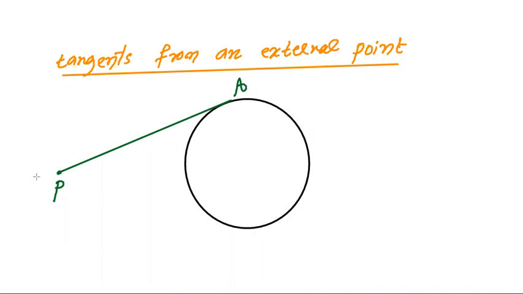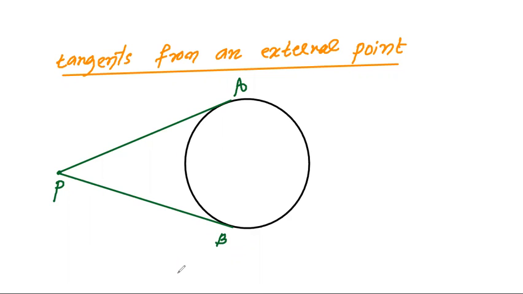Also, from the same point P, you can draw another tangent to the circle through the point B. So in simple words, P is an external point. PA and PB are the tangents drawn from point P towards a circle.